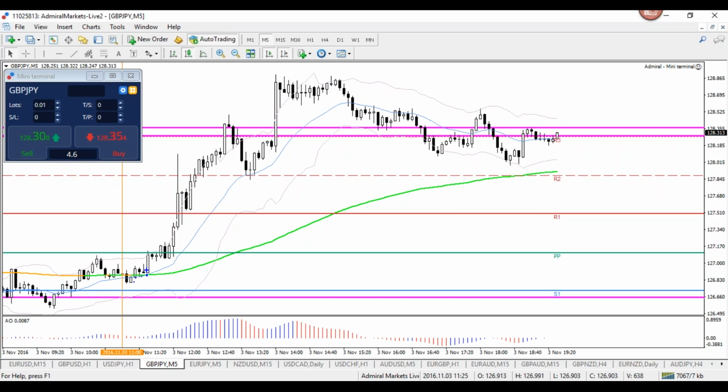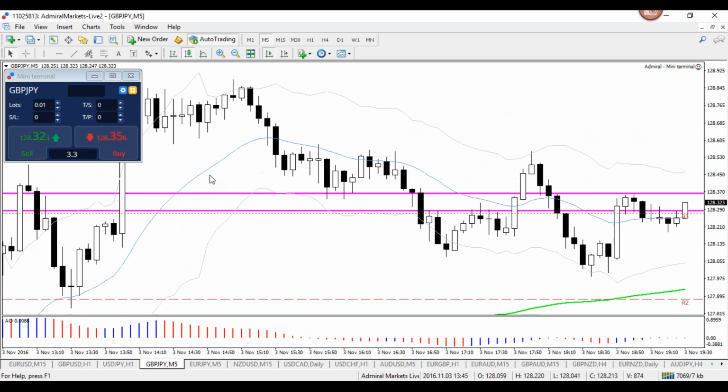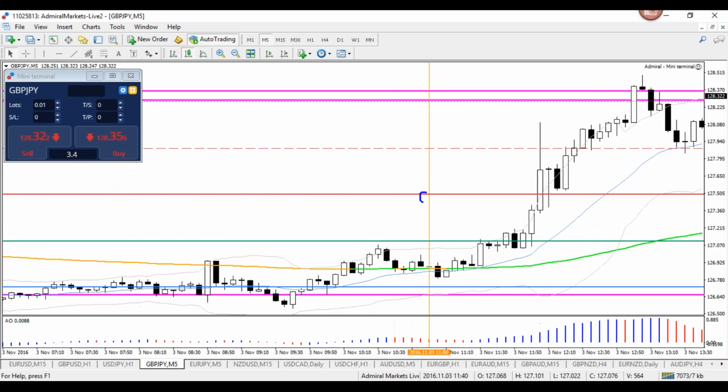Then 1, 2, 3, 4, 5 candles right there. Let me show you. This was the confirmation of the hourly chart. On the 5-minute chart, we have 1, 2, 3, 4, 5, fifth candle right here. So that could have been the entry on the 5-minute chart, for instance. This is how you can play around with multiple time frames as well.